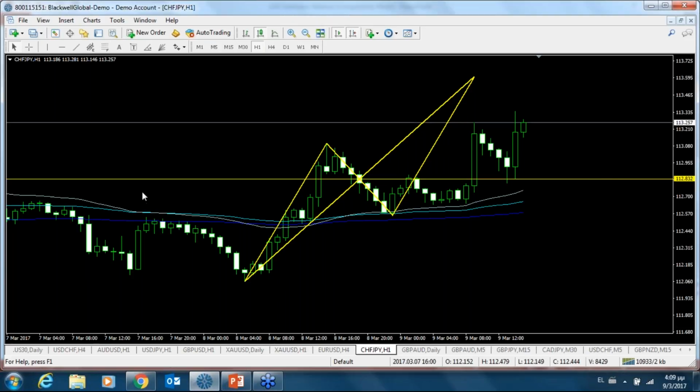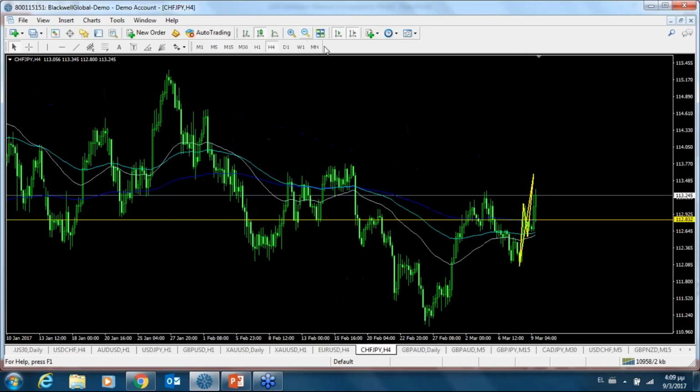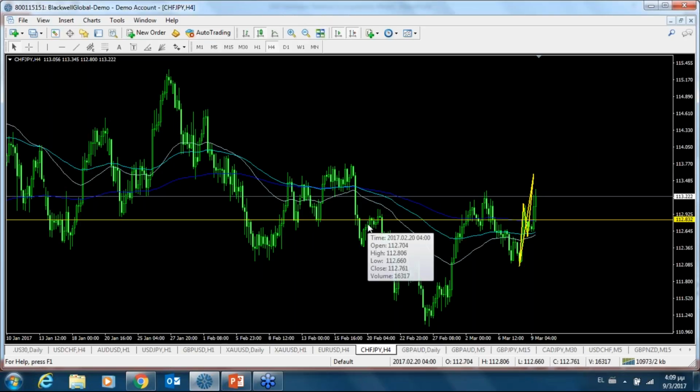Now when you have that center point or centroid area, you see that the exact support area was at the centroid area. Now this is something very interesting. When you go into the 4 hour chart and follow through based on that centroid area, you can see that the centroid area is usually a support resistance level as well.